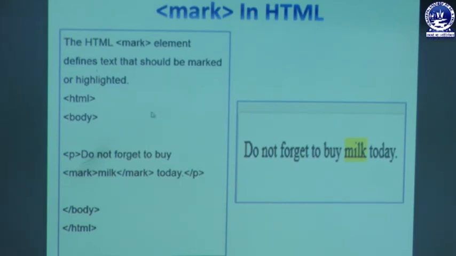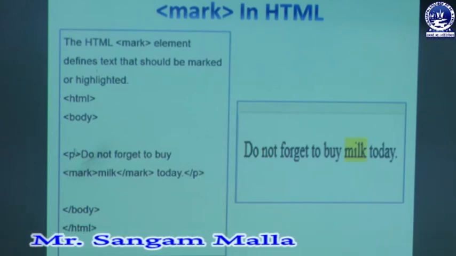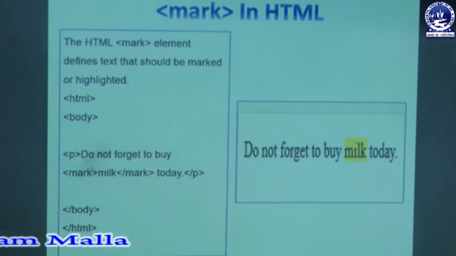So whenever you want to mark or highlight anything in a web page, a particular word or phrase or sentence within the text, at that time we can use the mark tag. The mark tag can be used within any paragraph tag, where the highlighted text will be written inside the mark tag.